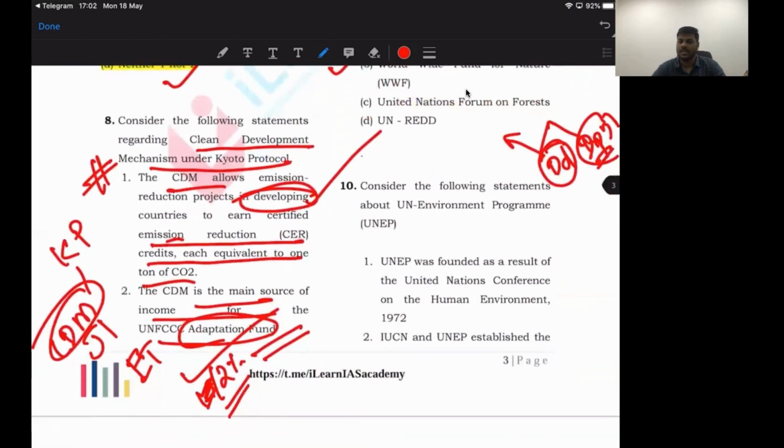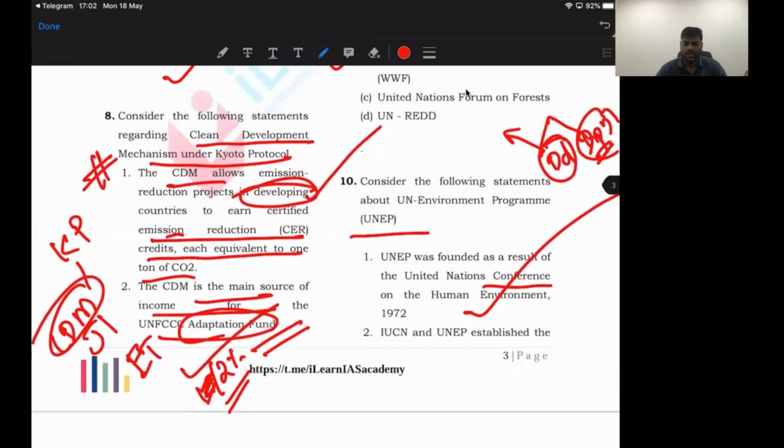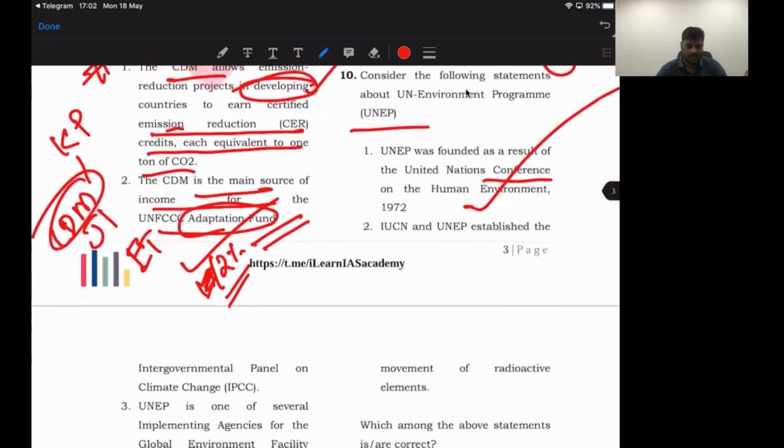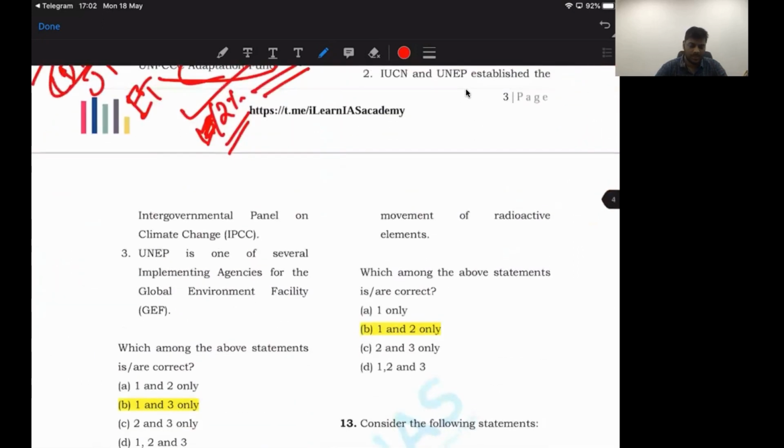Consider the following statements about UNEP, the United Nations Environment Programme. UNEP was founded as a result of the UN Conference on the Human Environment in 1972, which is a very fundamental statement, which is correct. You should know the history of UNEP. Then, IUCN and UNEP established the Intergovernmental Panel on Climate Change, which is not correct.